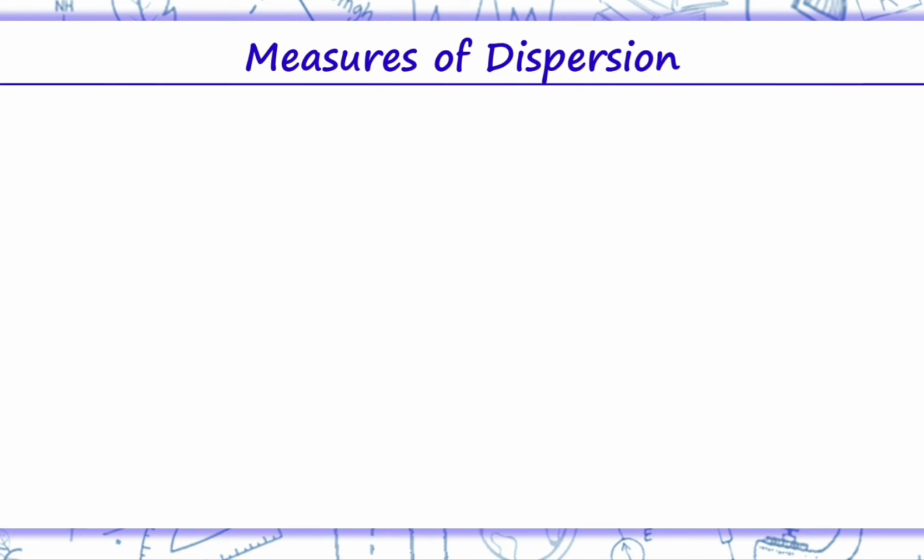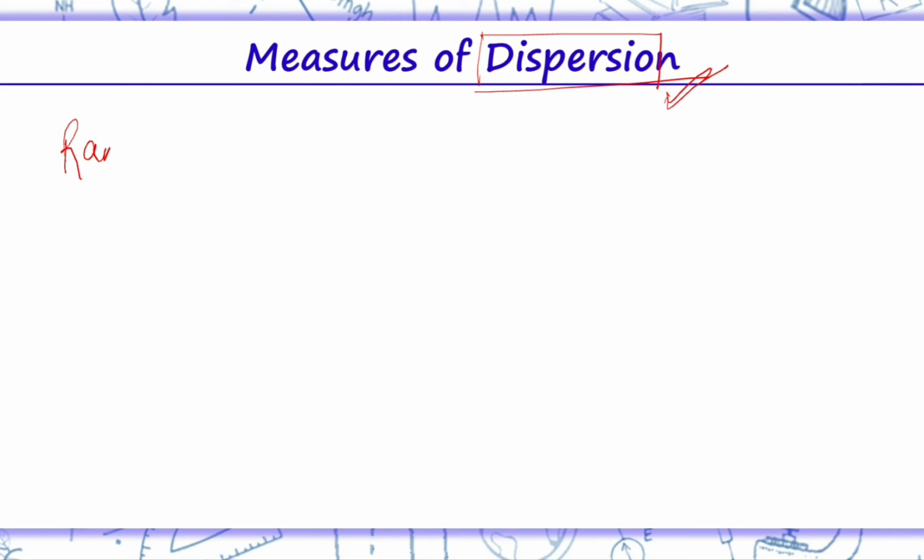So dispersion is basically a measure of variation in the values of the variable. This dispersion measures the degree of scatteredness of the observations in a distribution around the central value.